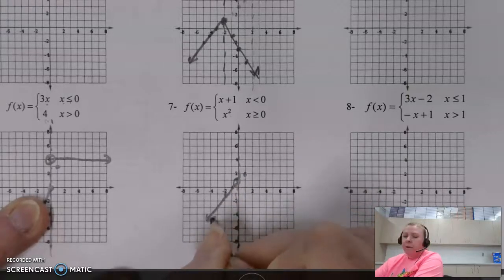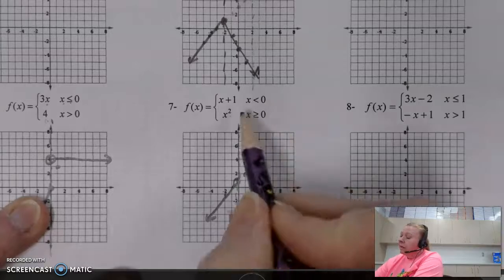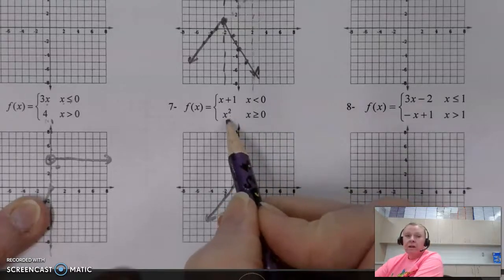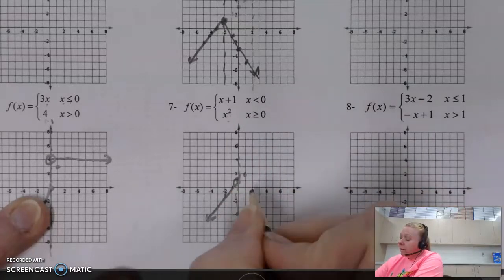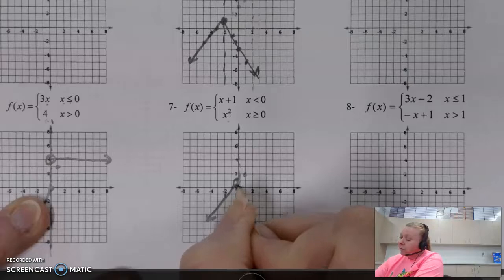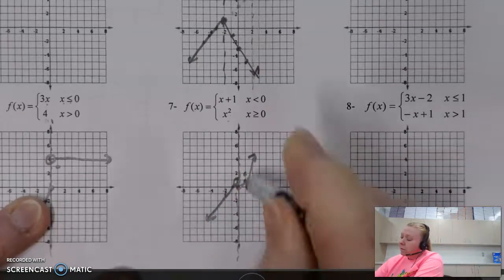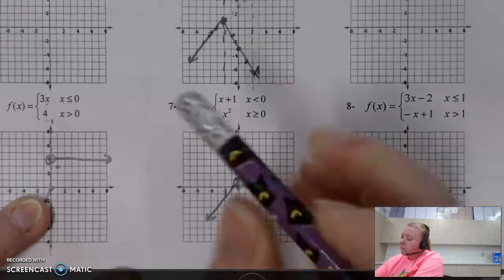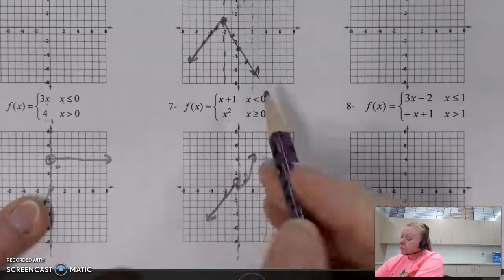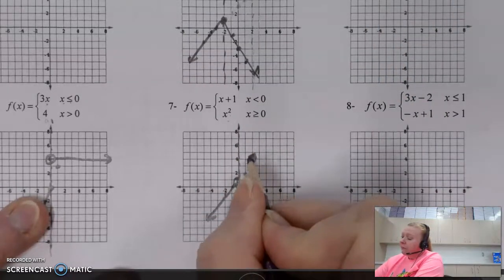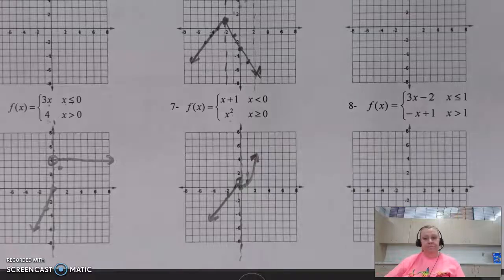So I'm going to keep that part of the function. Then this says I'm going to have a closed dot and graph the parabola x squared. And there is my half of the U.